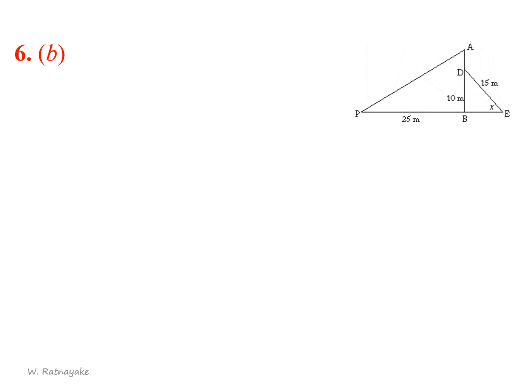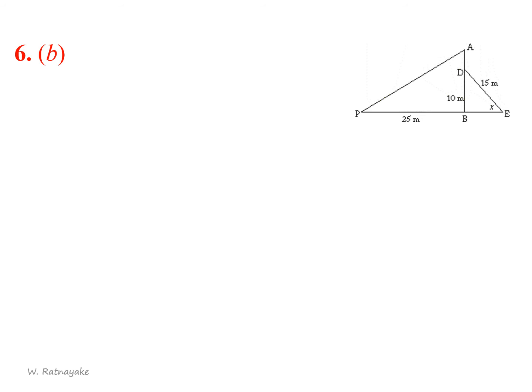DE is given as 15 meters, that is the hypotenuse of the triangle, and BD is 10 meters, and we have to find the angle DEB. We have assigned the unknown value as x. So x is the magnitude we have to find, that is the size of the angle.